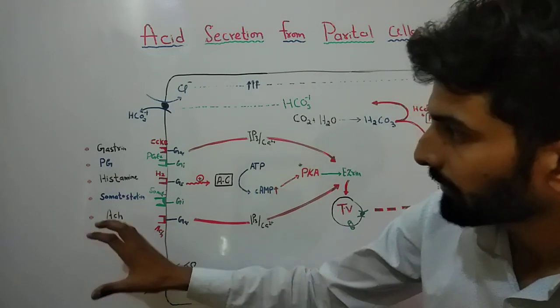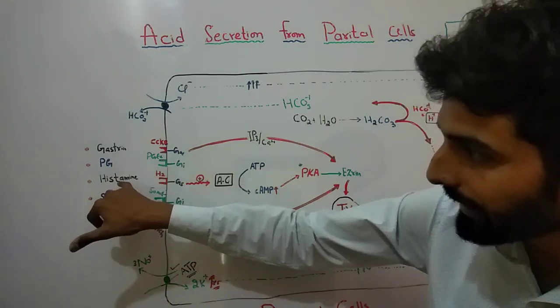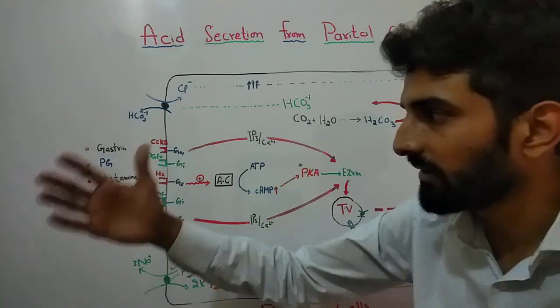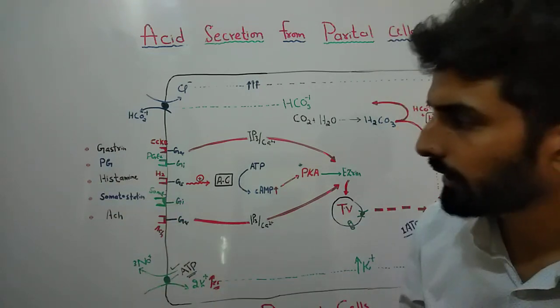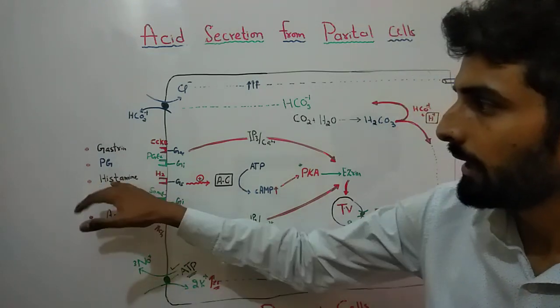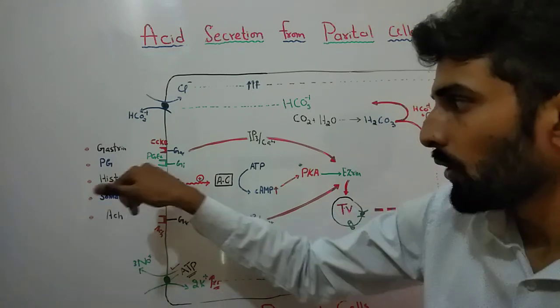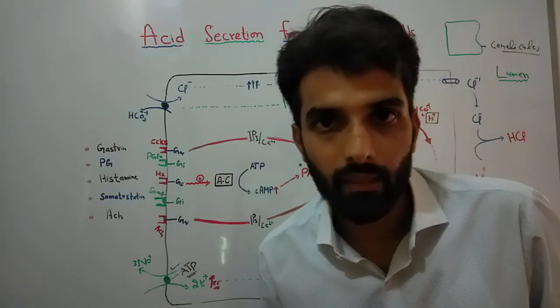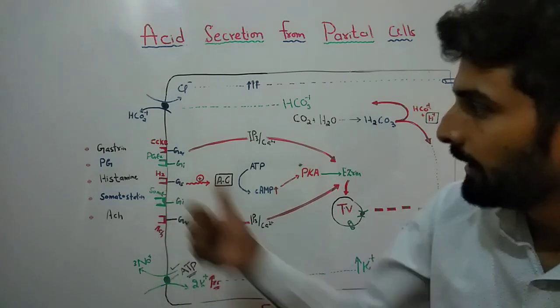Now let's start with histamine. When histamine is released from the enterochromaffin cells, which are present just near the parietal cells in the gastric pits, and acts on the H2 receptor, what will happen?